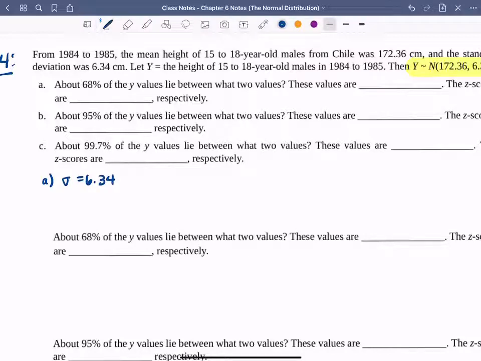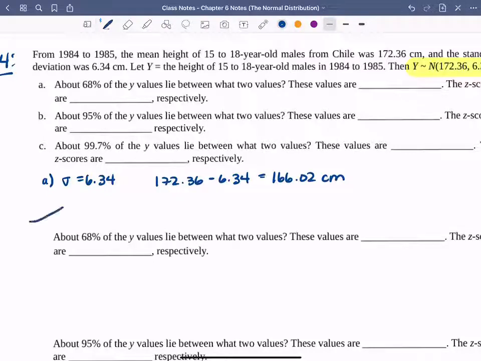Our mean is 172.36, I keep adding the decimal, I apologize. So that's the middle of our curve. If I go below by 1 standard deviation, I'm going to subtract the standard deviation. That gives us 166.02 centimeters.